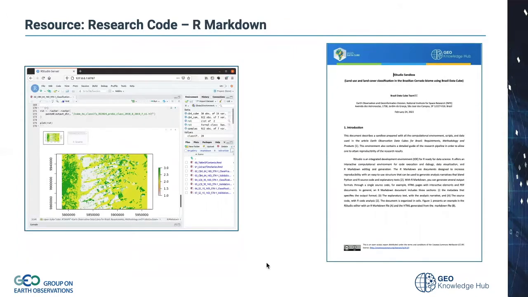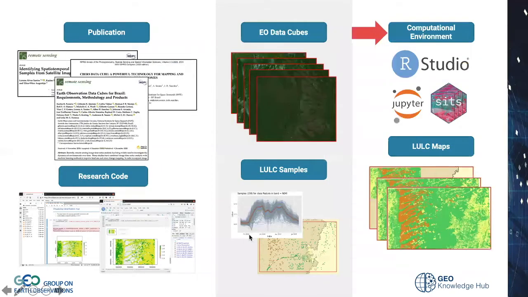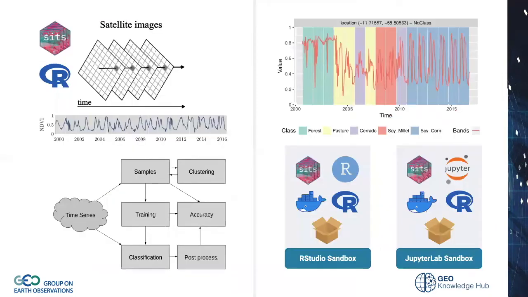We also built a version using R Markdown with the same computational narrative for those that prefer the RStudio environment. And the main technology behind the creation of the maps is an open source R package named SITS. We also described how the user can have a computational environment based on it.